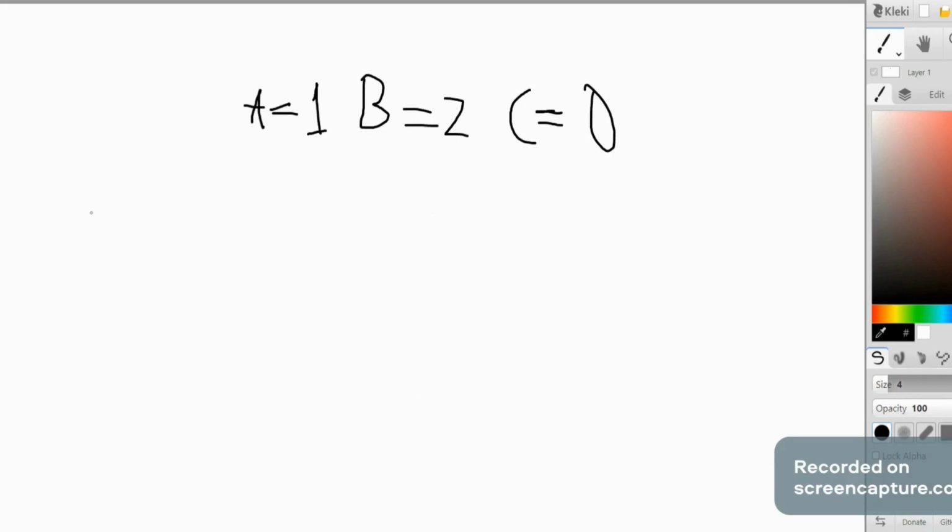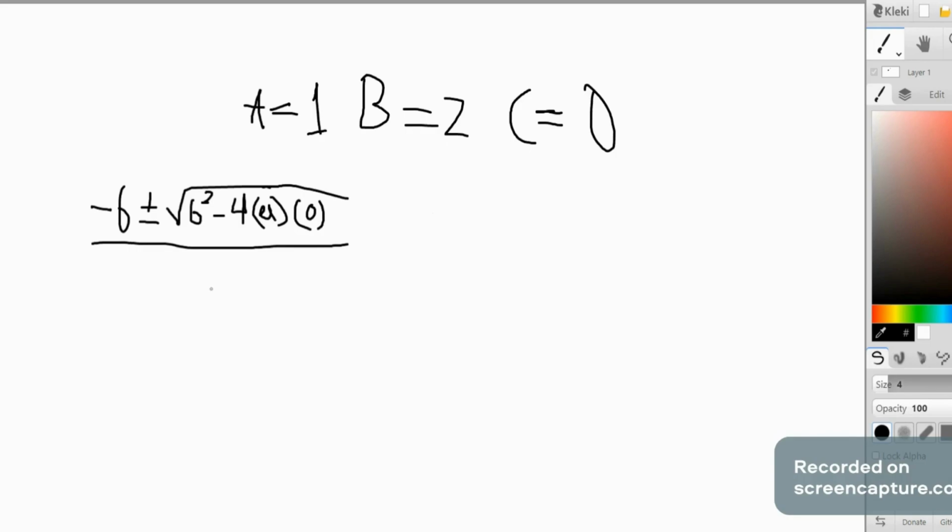The formula is negative b plus or minus the square root of b squared minus 4 times a, very weird looking a, okay, and times c, all over 2a.